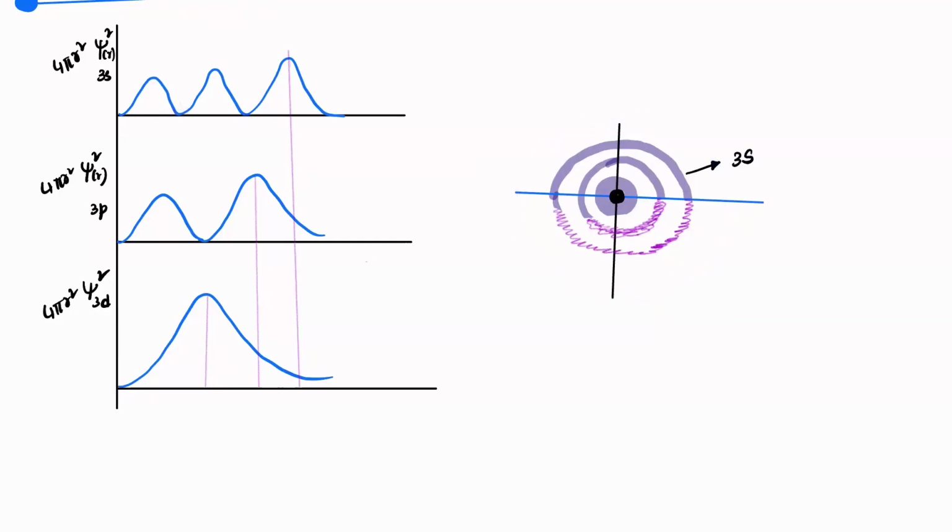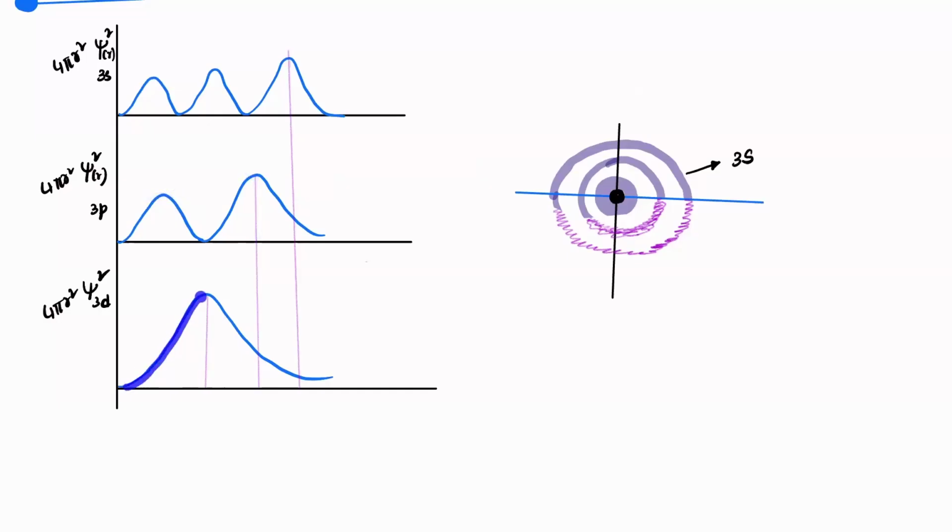And second thing, when it comes to 3s, the peaks are coming multiple times before it reaches this higher point, which means the probability of finding the electron closer towards the nucleus is more. So here you will find more electron density. While for p, there is only one peak coming before it reaches this destination.